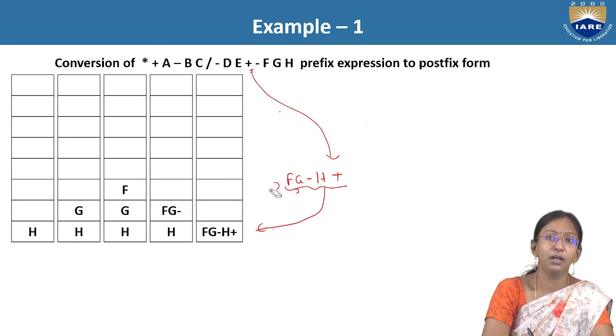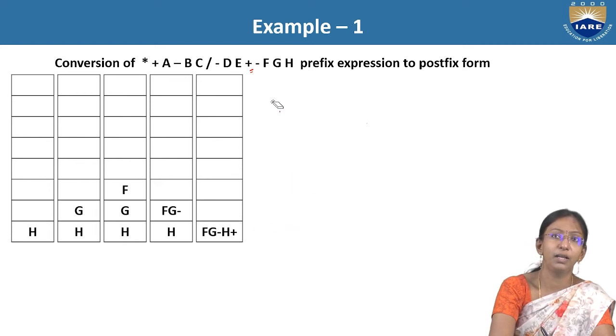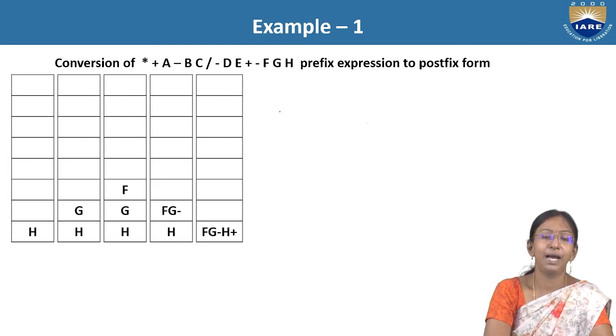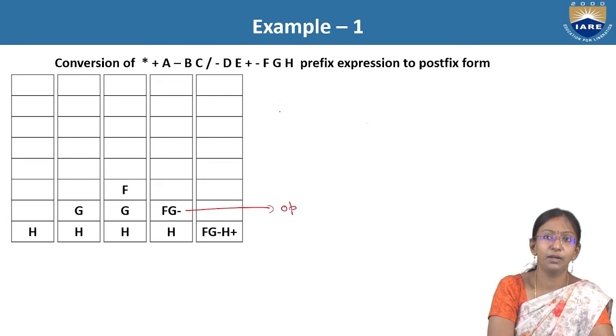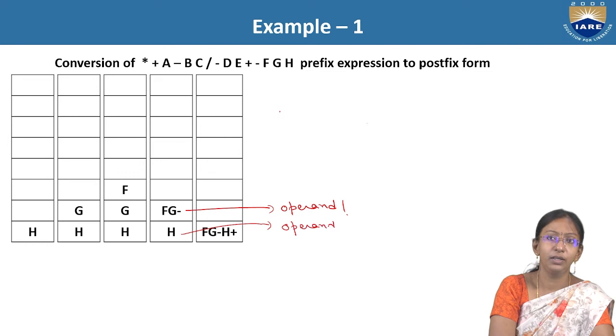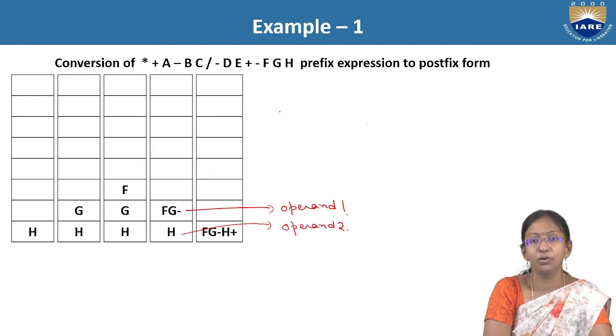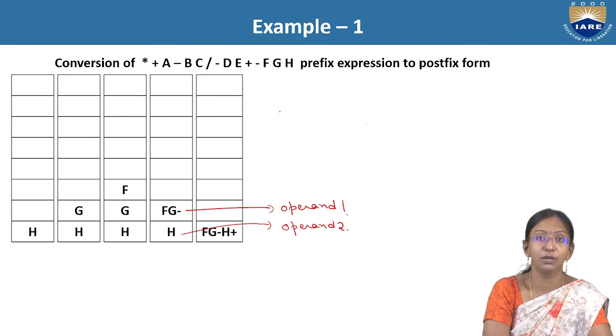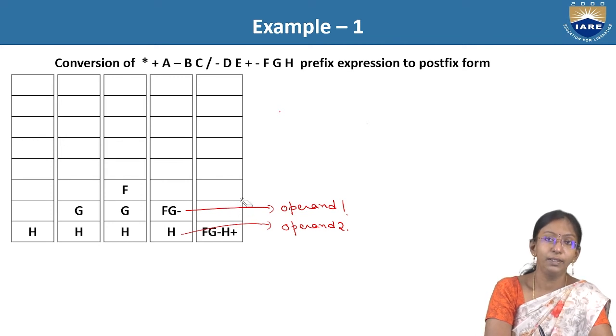Guys, try to understand this one. Do not get confused with operand 1 and operand 2. Be very careful. The top element will act as operand 1, and the one below it will act as operand 2. Please remember that, because on the other side of the coin, we are going to take it in reverse order when we convert a postfix expression to prefix.